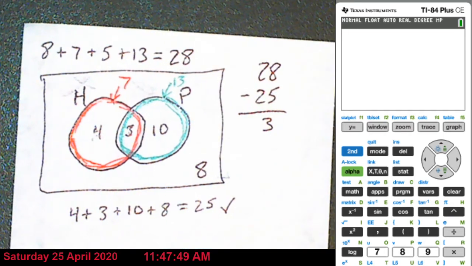So when you're answering the question, like here, what did he do wrong? There's a lot of ways to describe this. You could say that he accidentally double counted some students. You could say that he didn't place the 7 and the 13 correctly into the Venn diagram. You could say he didn't account for people who like both.